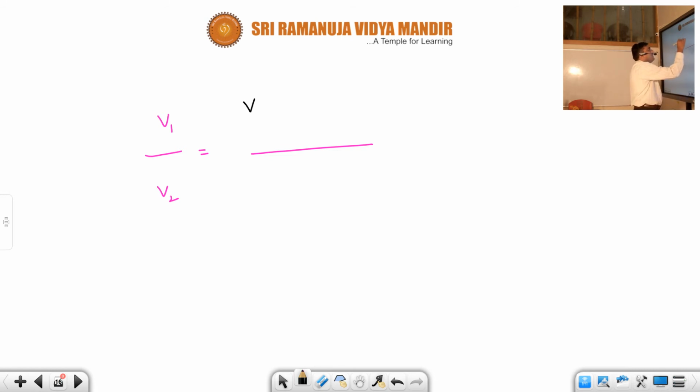Now V naught plus T1 by 273 into V naught. Similarly, V naught plus T2 by 273 into V naught.